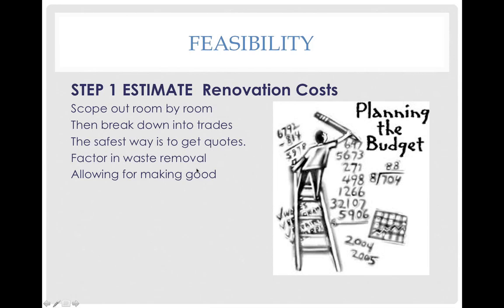So it's a matter of getting access to the property for a window of time to get your trades to meet you on site to quote. You may find that you have trouble getting them to come to a property that you don't own. So the way around that is to actually offer to pay them an hourly rate so that they will give you some serious time so that the information you're getting is reliable.